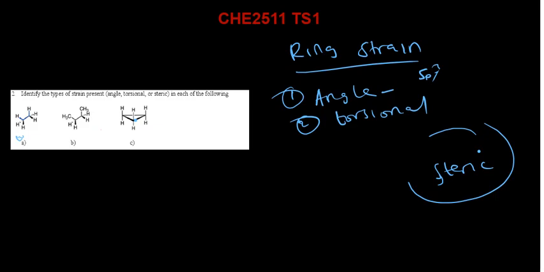While angle strain here accounts for most of the ring strain in cyclopropane, remember, ring strain is composed of angle strain and torsional strain. While angle strain accounts for most of the ring strain in cyclopropane, it does not account for it all because the ring is planar.